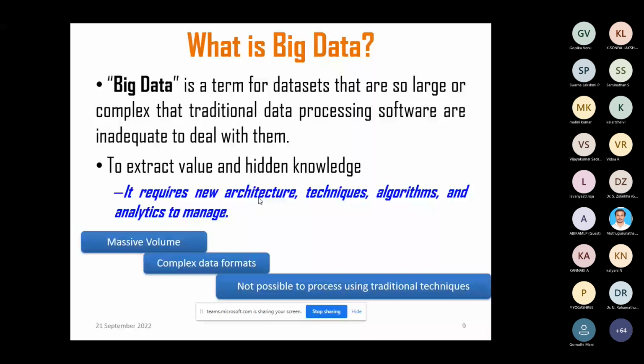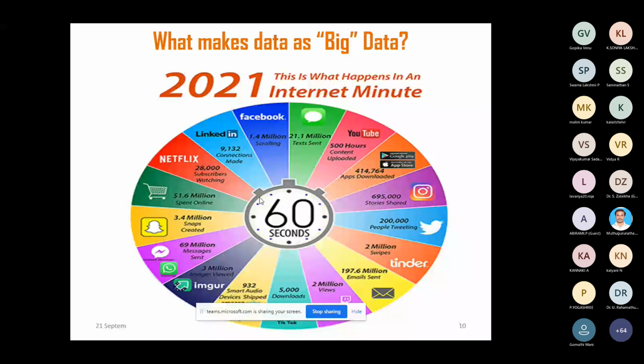Now, this is another interesting scenario to understand what data actually makes big data. If you take a snapshot of 1 minute, which means 60 seconds, in an internet minute, huge data is being populated from various sources, but a few are highlighted here. From Facebook, 1.4 million scrollings take place within a minute, 28,000 subscribers are watching Netflix videos, and 1.6 million is being spent on online purchases.